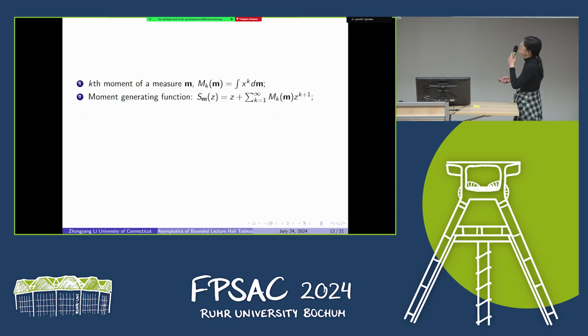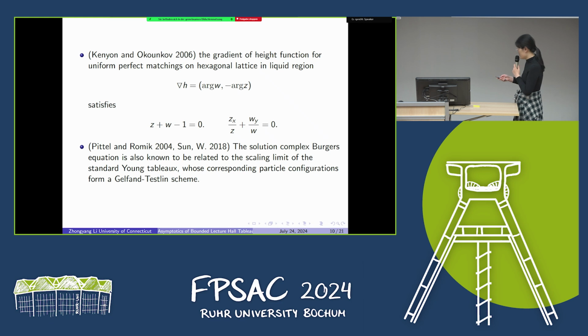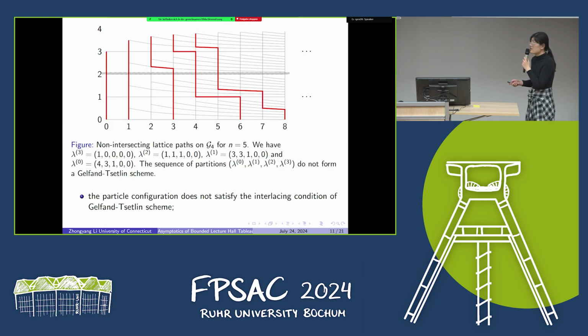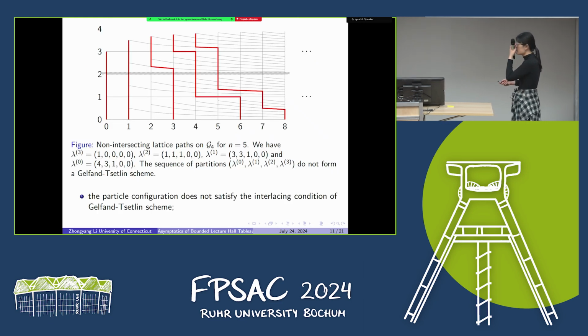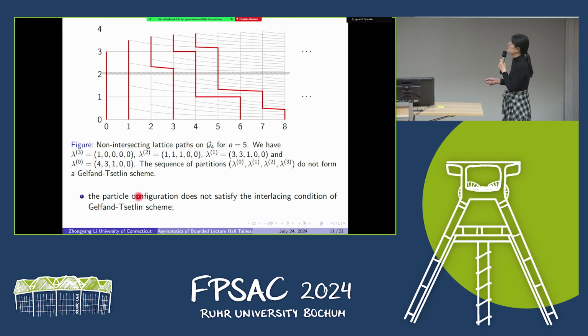You have a table, which is the filling of the Young diagram by integers, and with this table you can associate non-intersecting paths, and then you just consider here are particles and here are holes. You have a particle configuration. Does that answer your question?